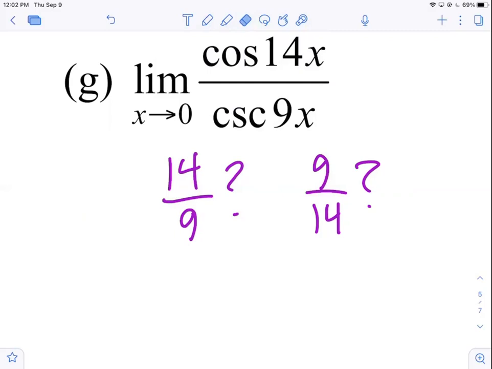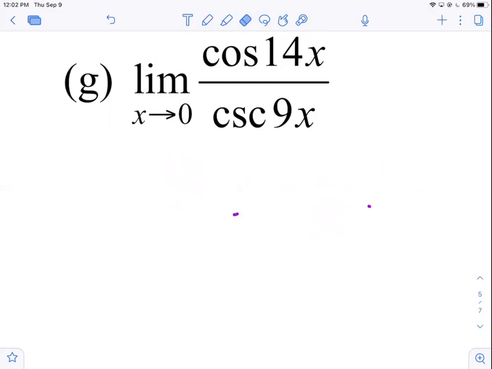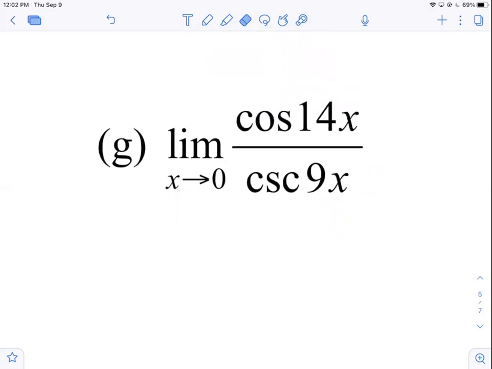So never not first, Mason. Respect the recording. No, never not first, direct substitution, right? Cosine of 0 is what? 1. Cosecant of 0 is what? It's D and E because it's some type of what?